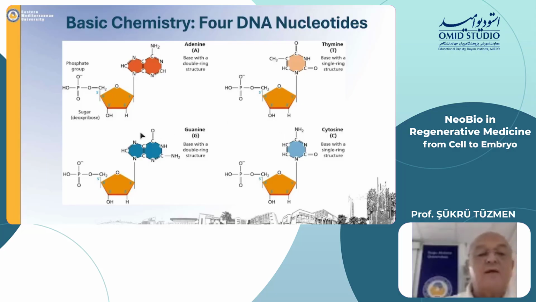I'm not sure if you are able to see this, but there is numbering on the pentose sugar, and I'm pointing at it with my cursor. So here is carbon number 1, carbon number 2, but we don't say 1, we say 1'. Why do we use prime numbering?